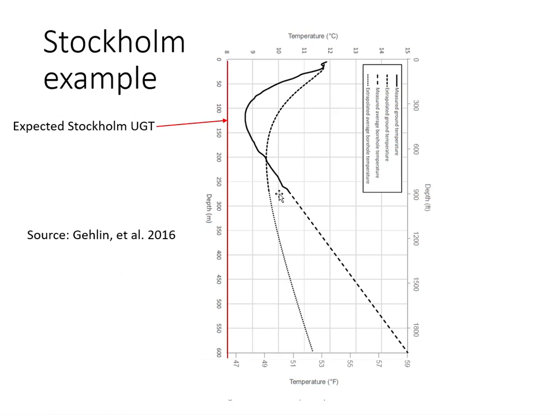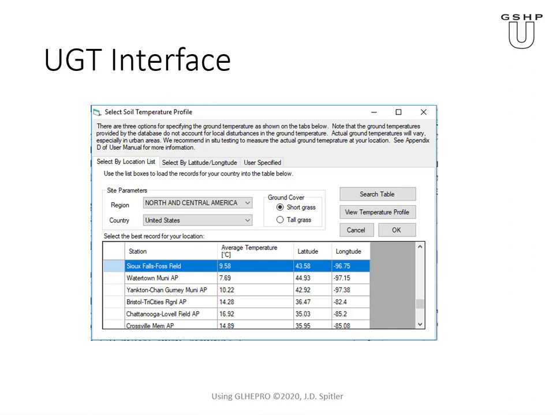Of course, we only have measurements down to here. These are just extrapolated from this here. So there can be an urbanization effect, and that's the reason why the best method would be to actually make a thermal response test.